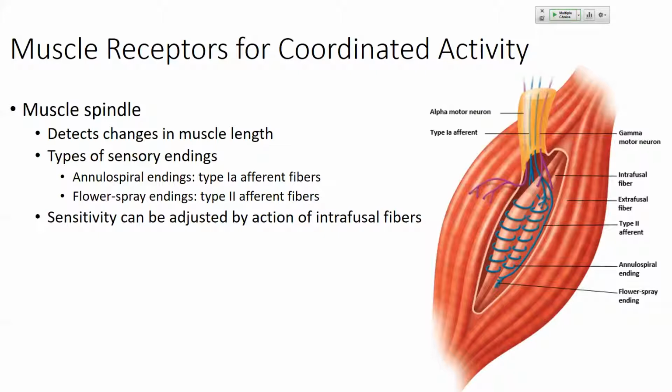Correct. So that's communication from the receptor or the sensory organ up to the central nervous system. That's your afferent fiber. So there are two types here. The type 1A afferent fiber associated with annulospiral endings, and the type 2 afferent fiber associated with flower spray endings.